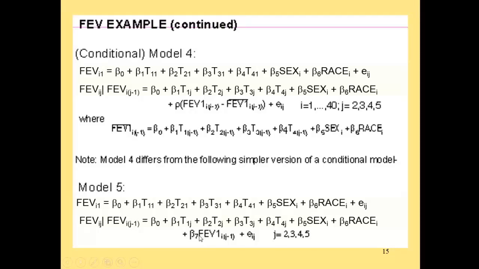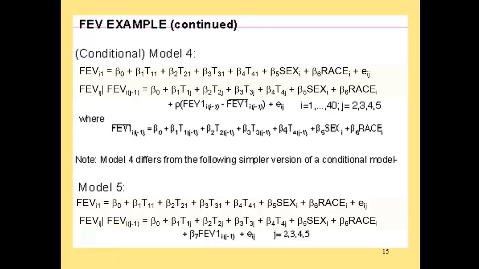And it's a coefficient for the predictor FEV1 sub I parentheses j minus 1. So that's the response at time, or for observation, j minus 1 when we're trying to predict the observation at time j. Okay? So this is something called a lagged outcome variable.